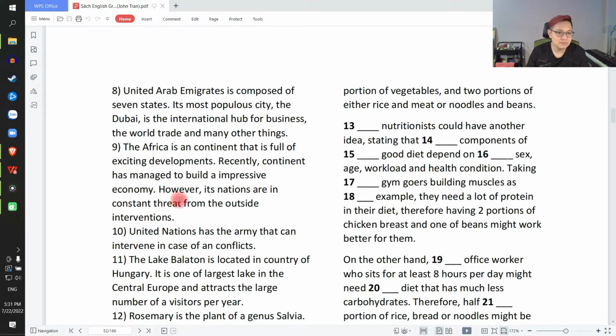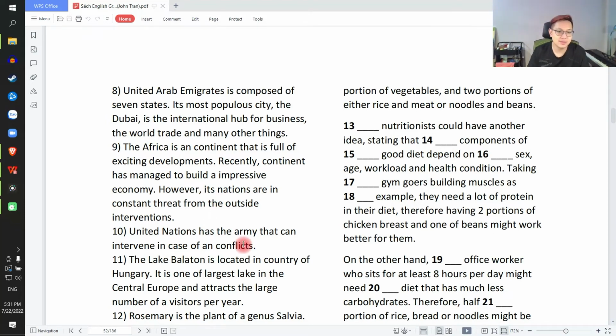However, its nations are in constant threat from outside interventions. We want to talk about outside interventions in general, not any specific outside interventions. So no article. Chỗ này á, tuy nhiên những đất nước của nó đang ở trong một cái mối nguy cơ thường nhật của những sự can thiệp nước ngoài. Nói chung thôi, không có can thiệp nước ngoài nói riêng nào cả, không có mạo từ gì đó.